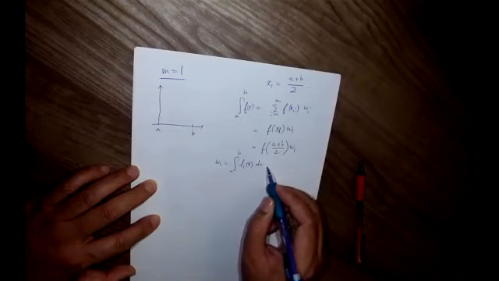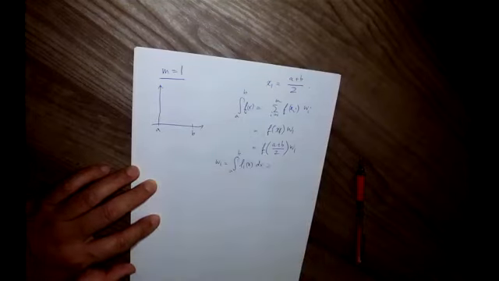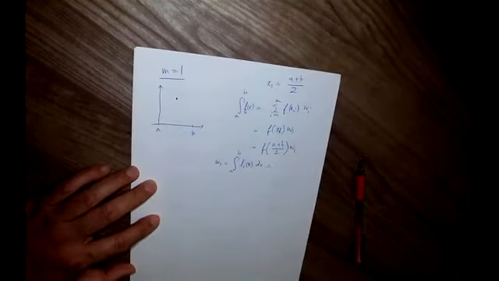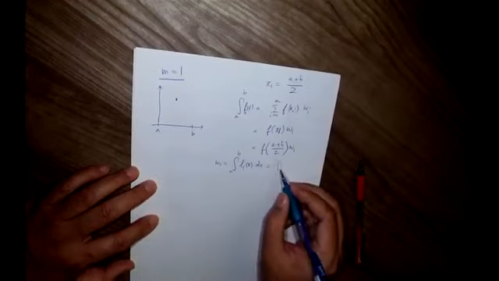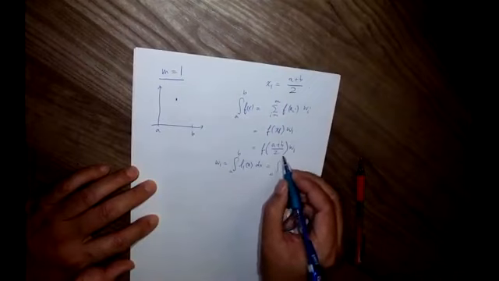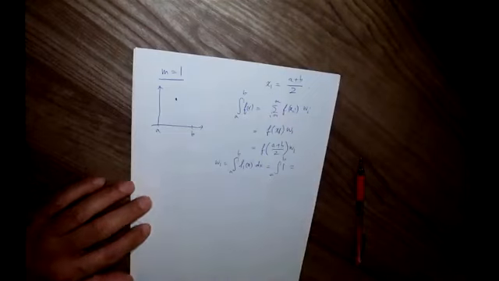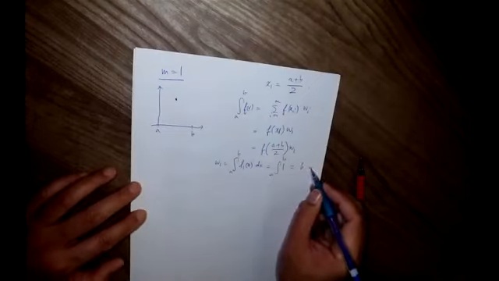And what is the Lagrange function in our case? Because we have only 1 point, the Lagrange function is just identically 1, so it just integrates 1 from a to b, and you have b minus a.